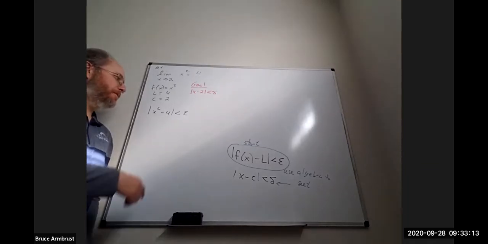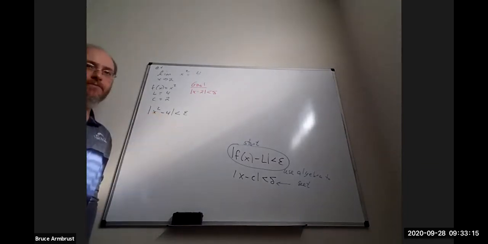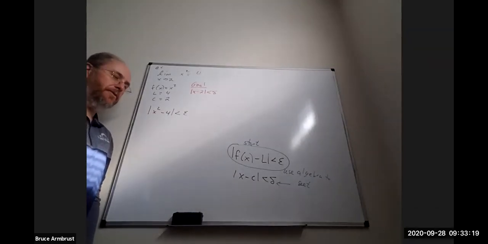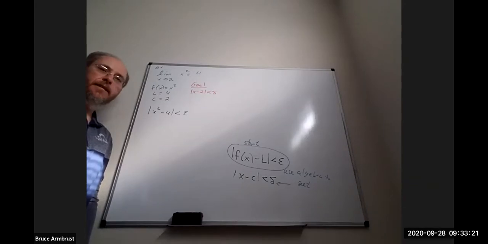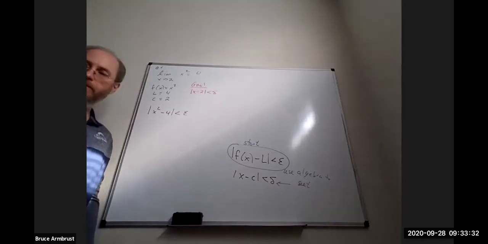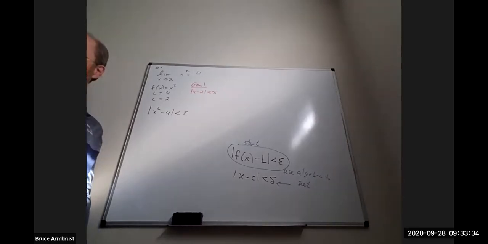The problem with square root is the fact that we're subtracting. And when you take a square root, if you've got addition or subtraction, you just can't take a square root of both pieces. So what we're actually going to want to do is what Leah just typed in the chat. I don't know if people saw it, but we want to factor. X squared minus 4 is a difference of squares.